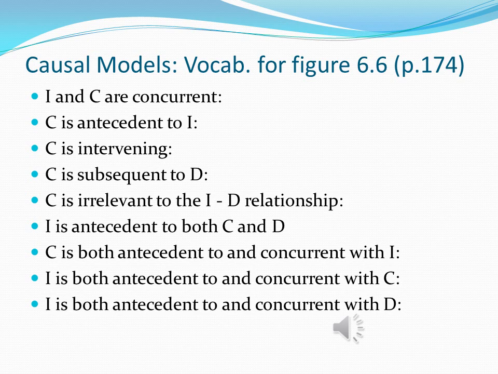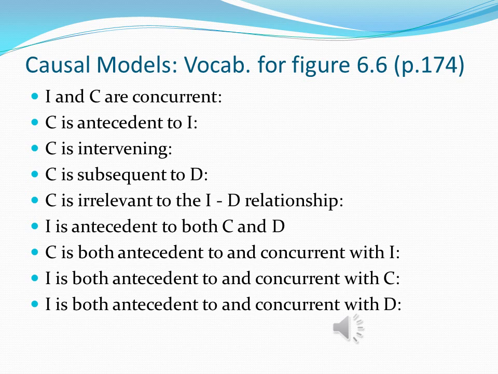So the I is the first one, which would be the antecedent in this case. The D is the intervening one in this diagram, where the C is a subsequent or the result occurrence of those.